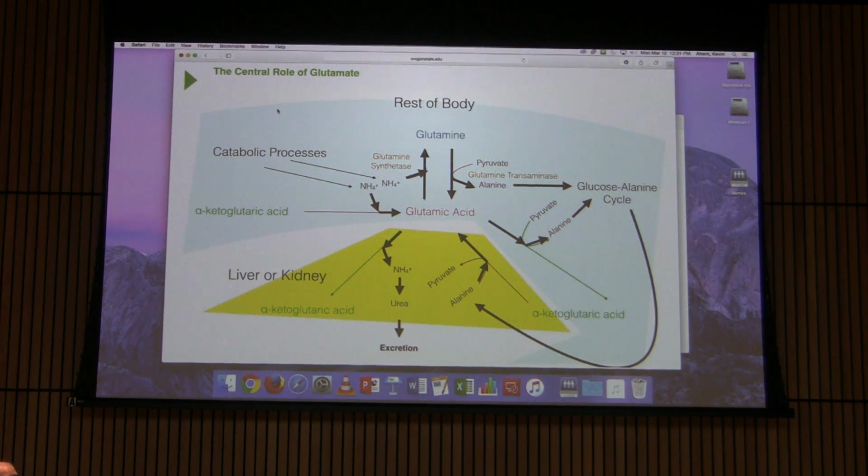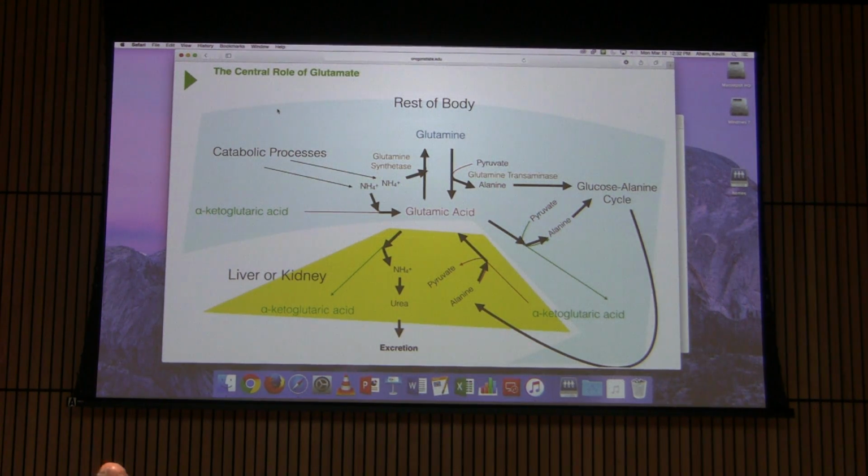All right. Now, I'm not going to ask you to draw this figure, but I think that you should know a fair amount about what's happening in this figure. All right? The central role of glutamic acid. The ability of glutamic acid to both absorb ammonium ions and in the liver and kidney to release ammonium ions. The need to have free ammonium ions to make urea.